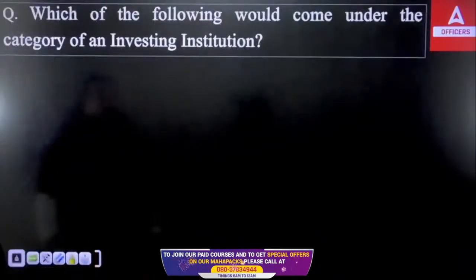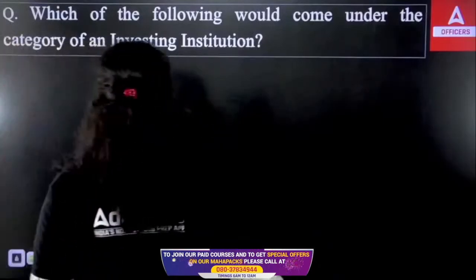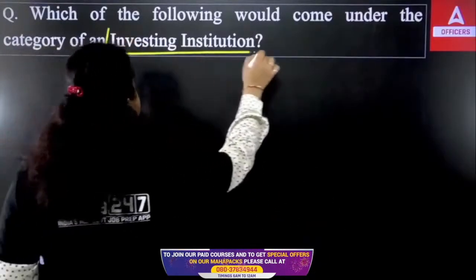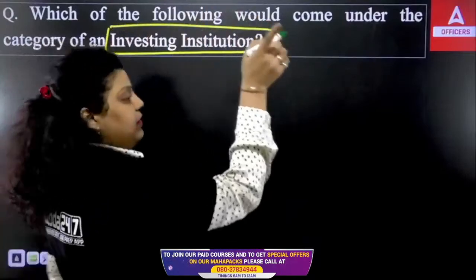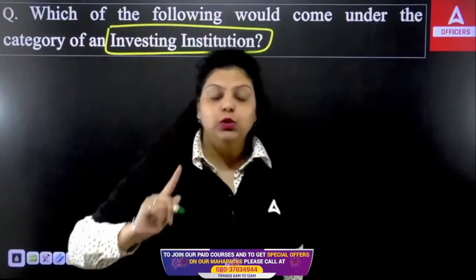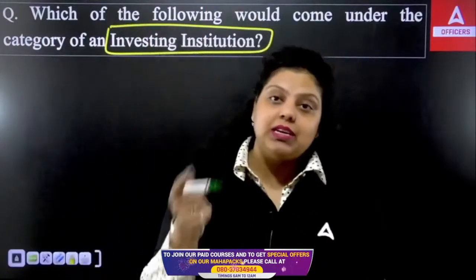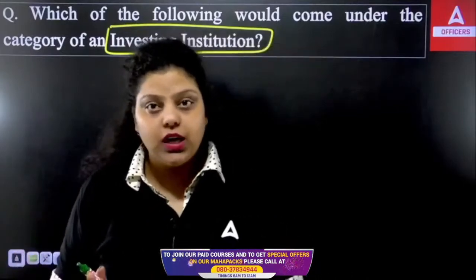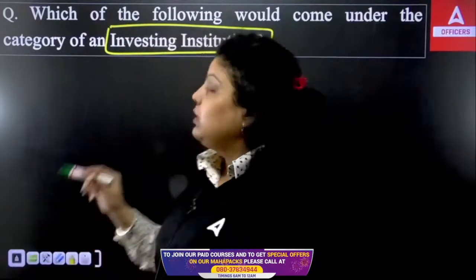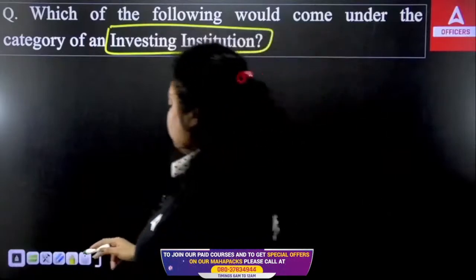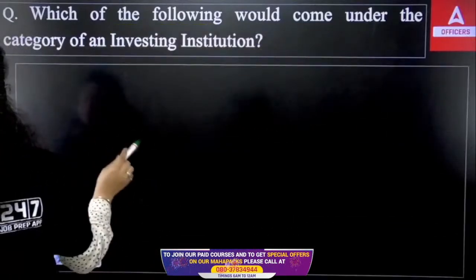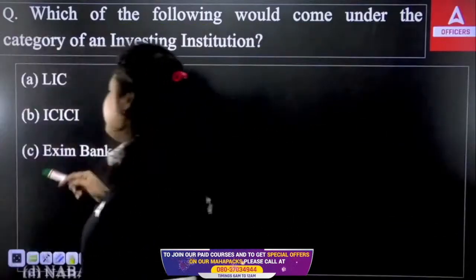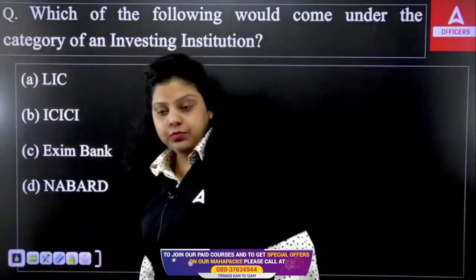Next question is talking about which of the following would come under the category of investing institution. So development financial institutions are those institutions which are putting their money in development of a particular sector of the country. Now we are talking about investing institution. So these are the options in front of you: LIC, ICICI Bank, Exim Bank or NABARD.